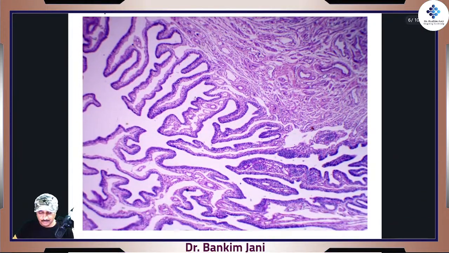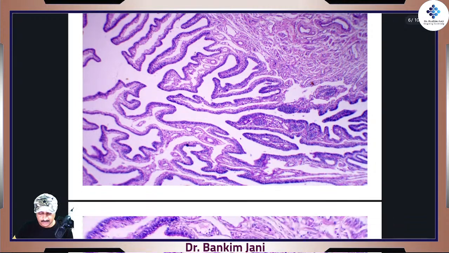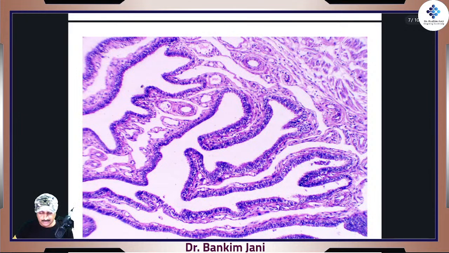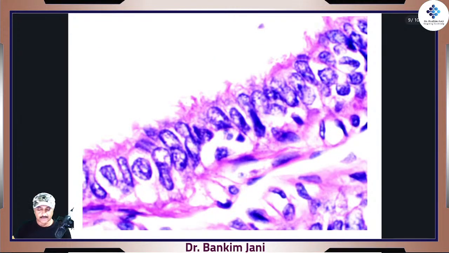Fallopian tube, right? This one is the fallopian tube thrown into so many folds. Let's zoom further and see how nicely. See the elongated, beautiful, long nuclei, and then these are the cilia. How important they are, right? This is a super zoom, more than 120x.